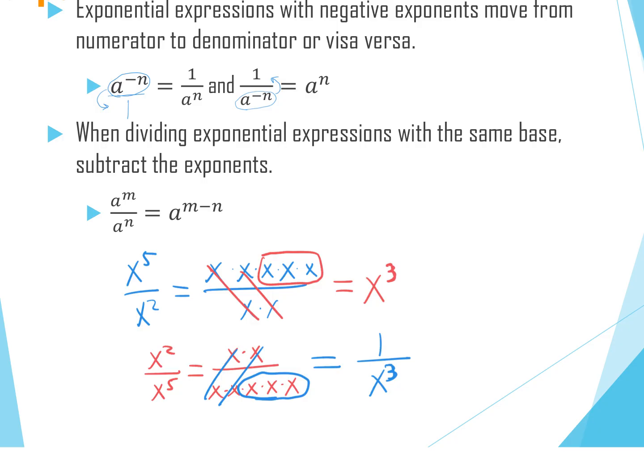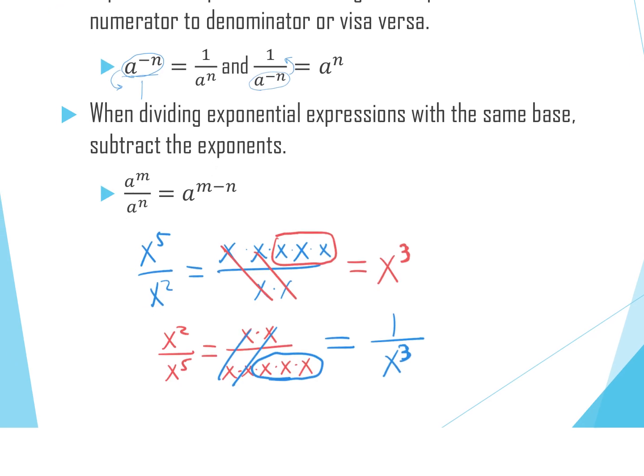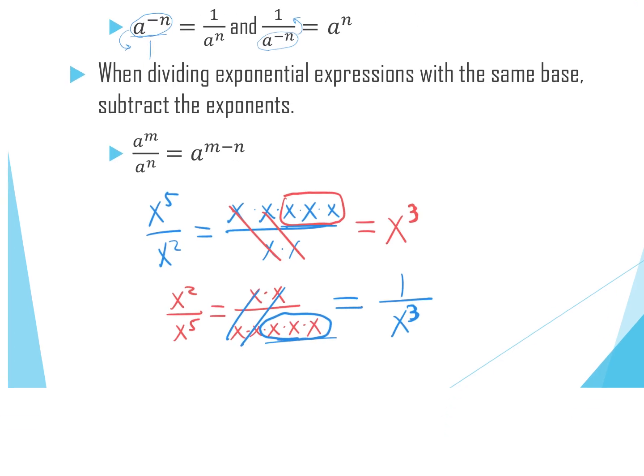So think about it: if I have more of that factor on the top, then I should expect my leftovers to be on top. If I have more of that factor on the bottom, I should expect them to be on the bottom. Or similarly, you could have used your rule of exponents and done x to the 2 minus 5, and gotten x to the negative 3. Then write it over 1, move it to the bottom and make it positive, and you still would have gotten this same answer.